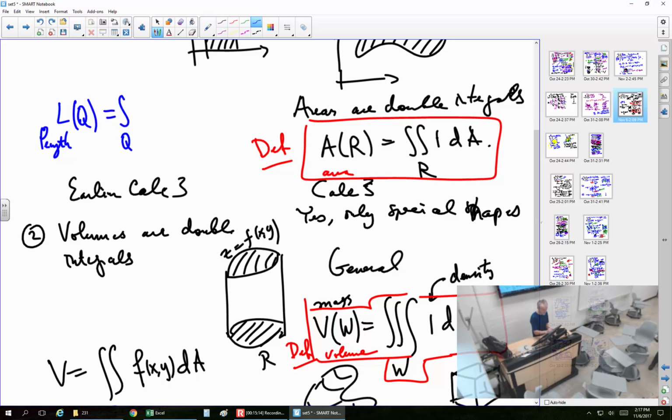Single integral over Q of 1 dx. Okay, so can you explain what we have here? What exactly are we defining the length of?